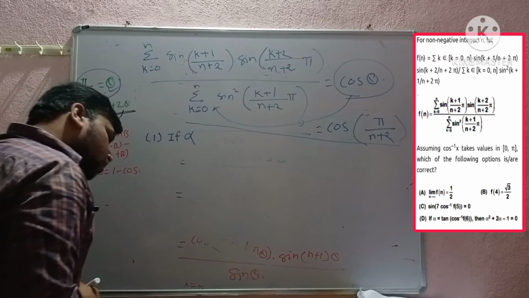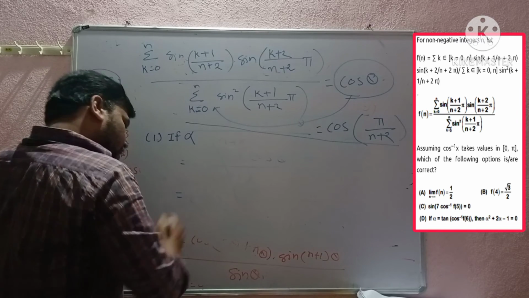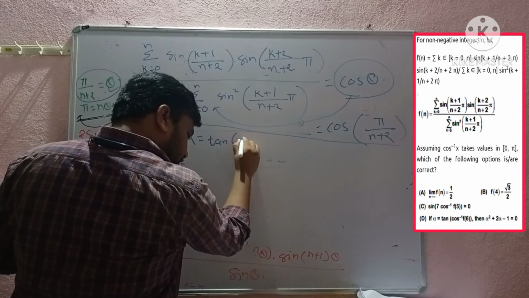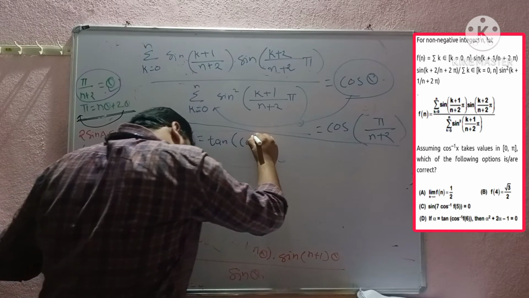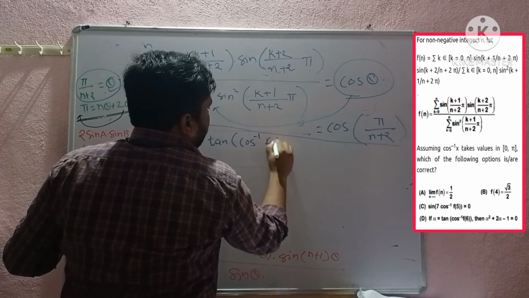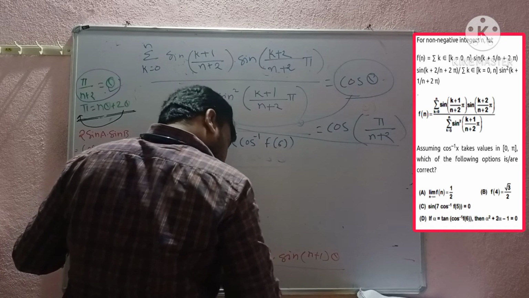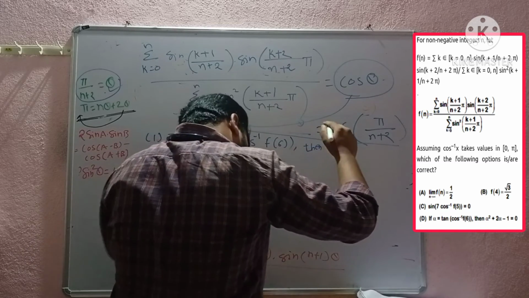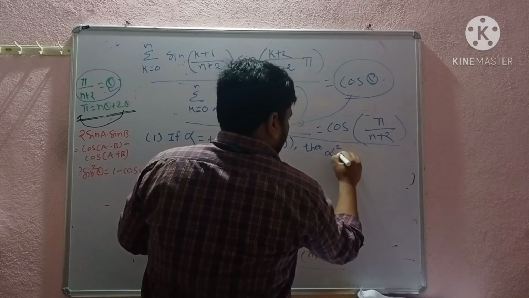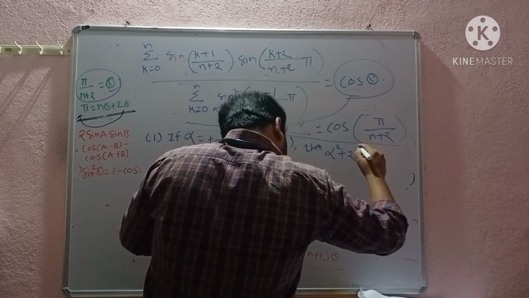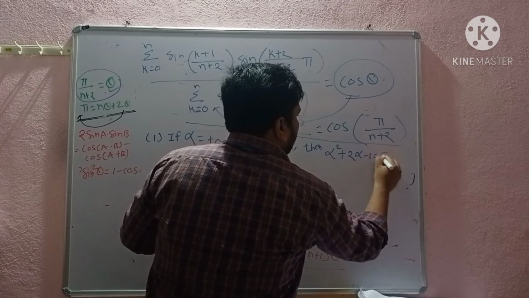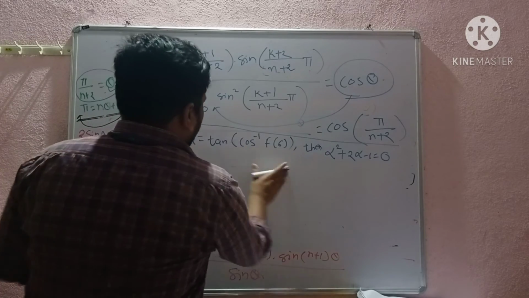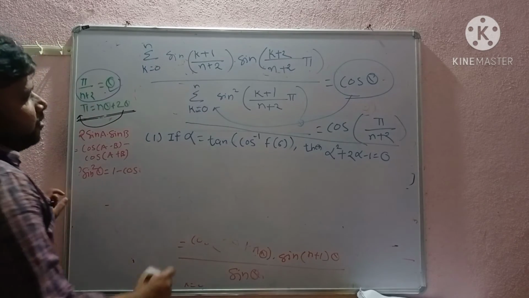So we will write here: alpha is equal to tan of cos inverse of f of 6, then alpha square plus 2 alpha minus 1 is equal to 0. This is a very simple equation.